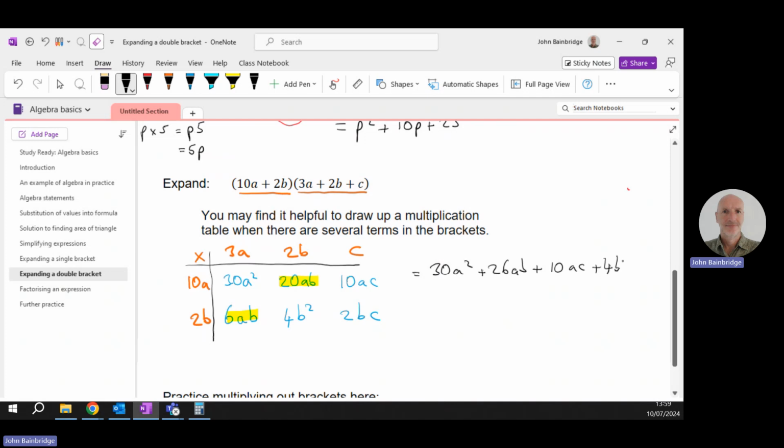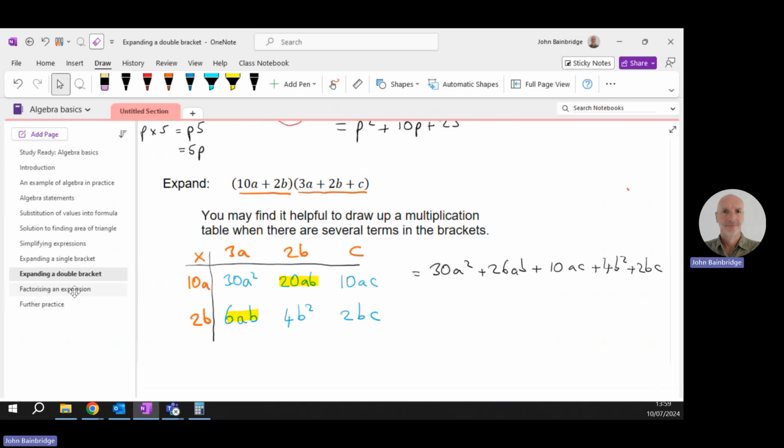It doesn't matter which order you put these in. So you can see, having a table makes sure that you've done all the multiplications. We've got 6 terms in the table, and in this case we can reduce it down to 5 because 2 of them are like terms.